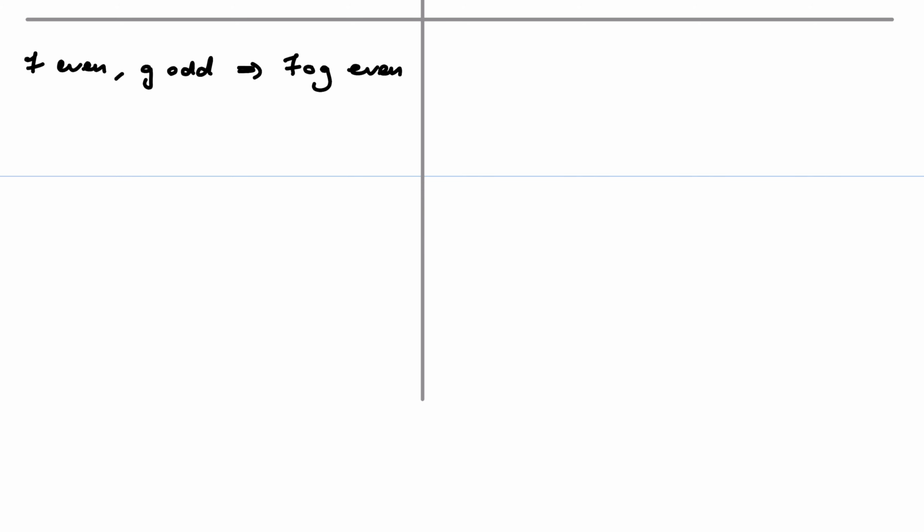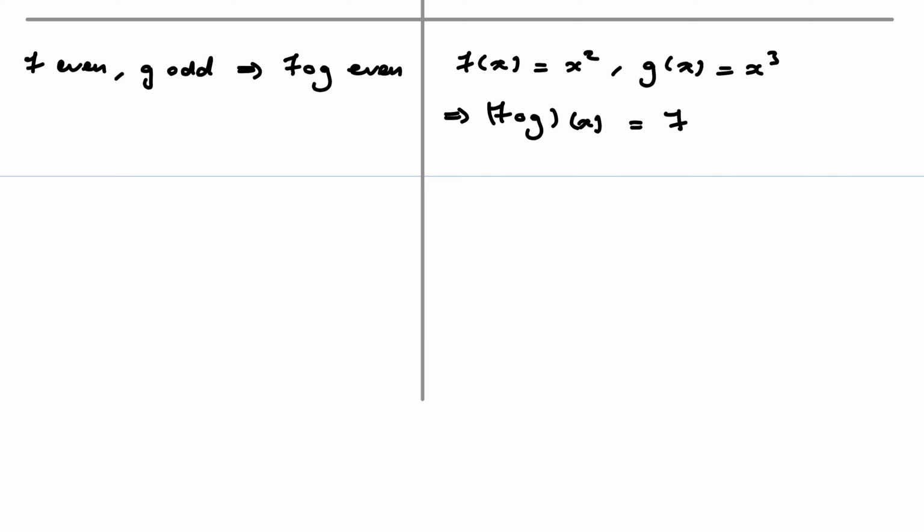Let's do it by example again. Let's do f of x is equal to x squared, and let's do g of x is equal to x cubed. So super simple. So f composed with g of x is equal to what? It's f with g of x fed into it.